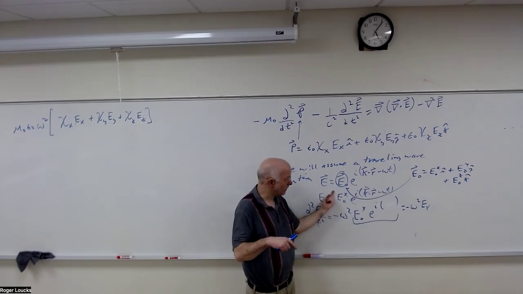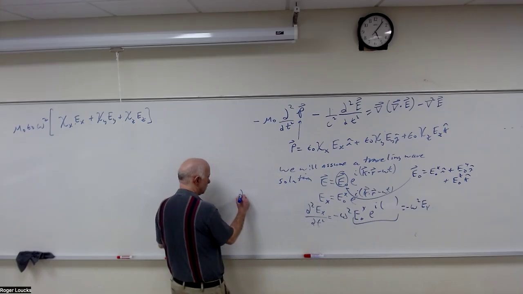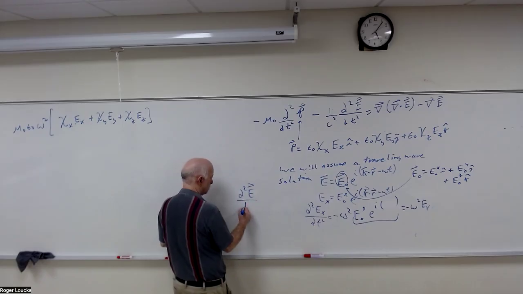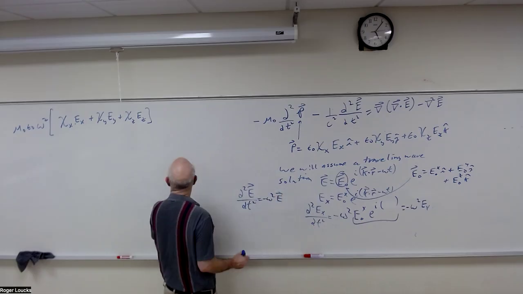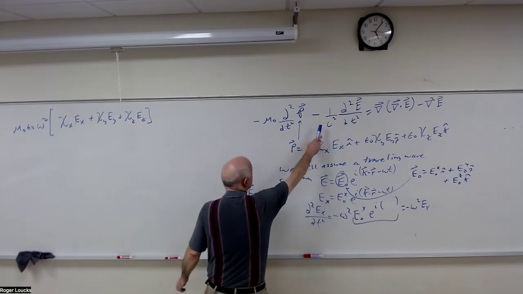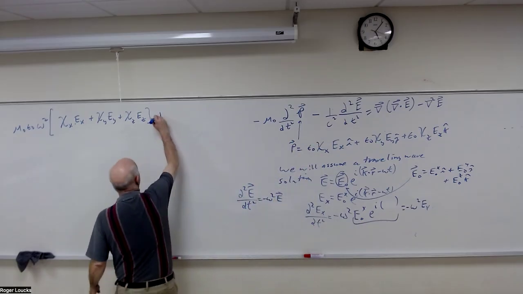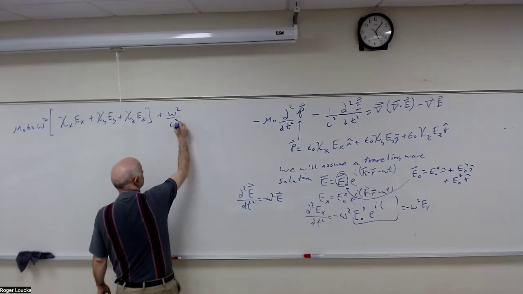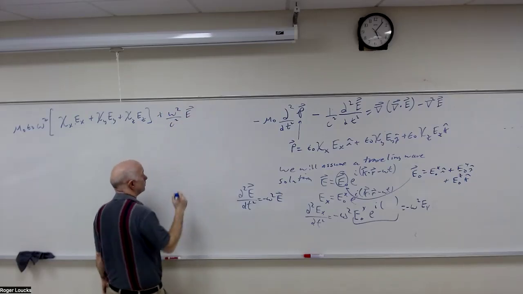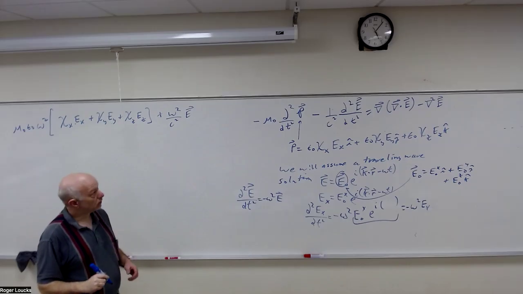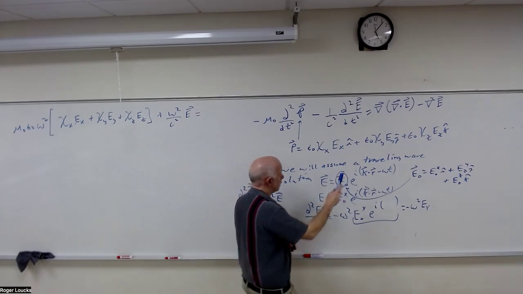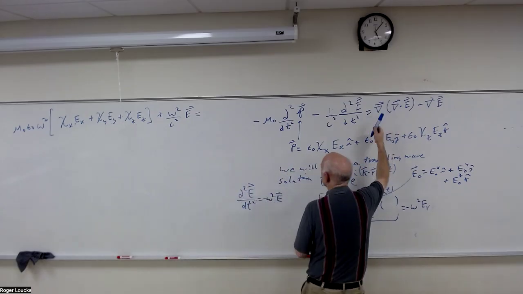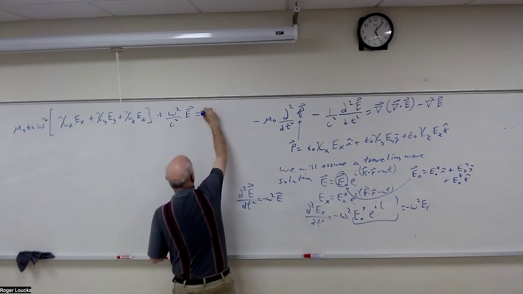So I get minus omega squared with this guy here. So I take that and put it in for here. I get plus omega squared over c squared. Equals. Let's hold off on this guy here. Well, actually, let's do part of it.